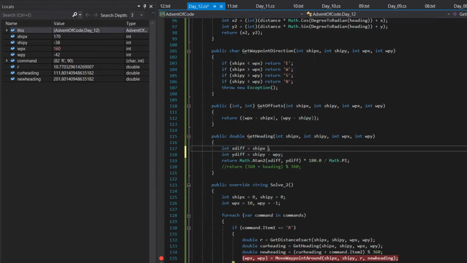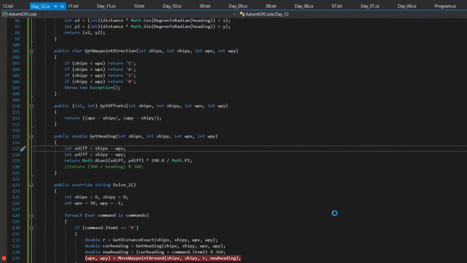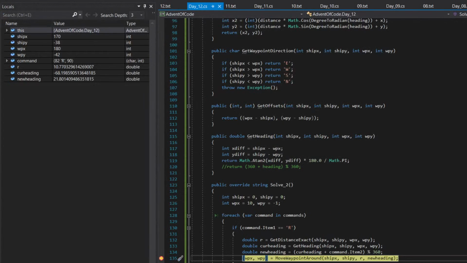We had the correct value. Current heading negative 68.